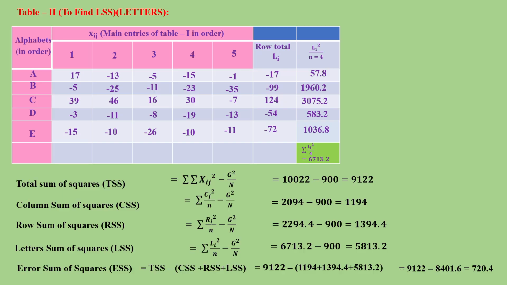Li square by N is divided by 5, but the values are correct. 57.8, 1960.2, the last column. Summation Li square by 5, the value is correct, but just change it. So actually we divide minus 17 square by 5 only, so you will get 57.8 first. Similarly, minus 99 square by 5, you will get 1960.2. That is correct, but the error is there. Instead of 4 you have to write 5, you correct it.